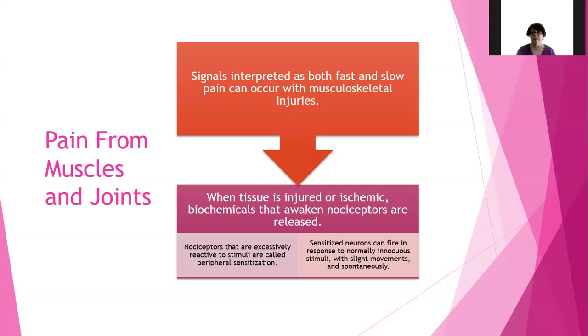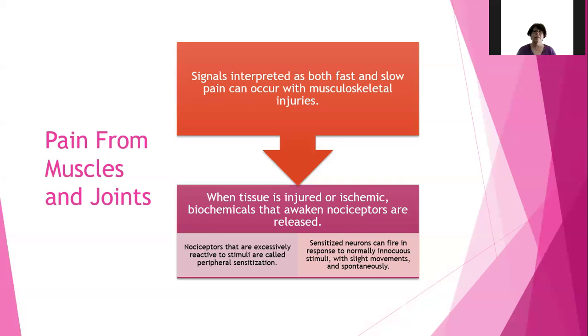So the example that I give of this is when you get sensitized neurons that fire in response to normally innocuous stimuli. Normally, when you take a warm shower, it feels good, warm water running on your skin. But say that you got a sunburn and now your neurons are sensitized because you had some tissue damage.